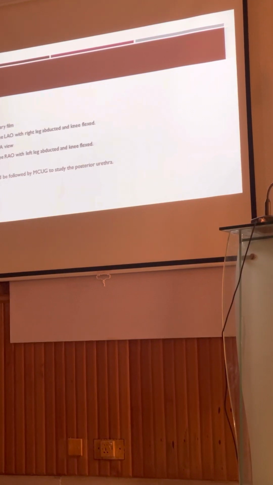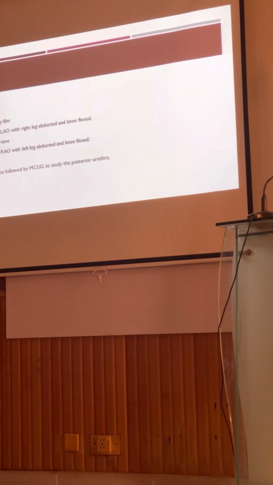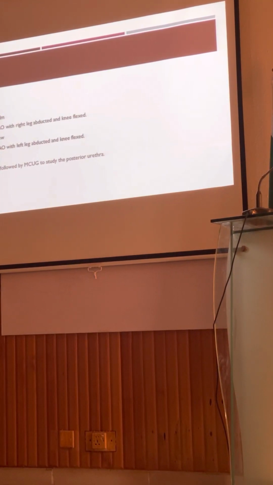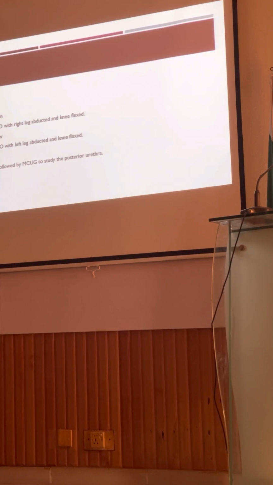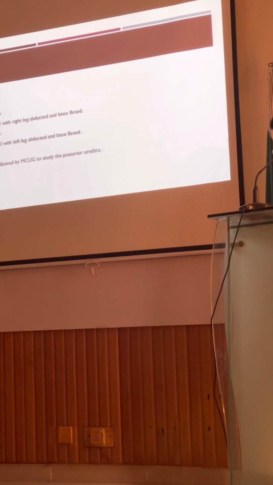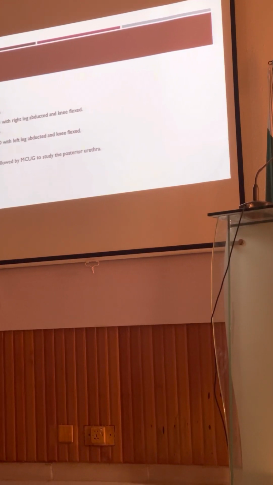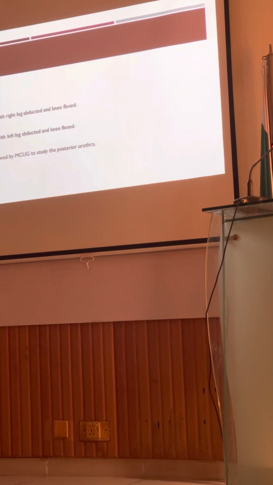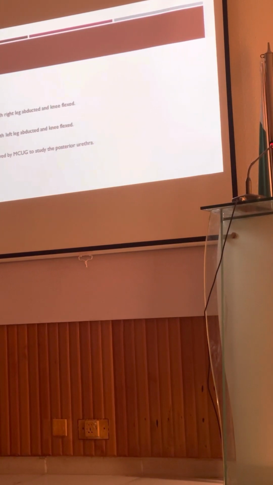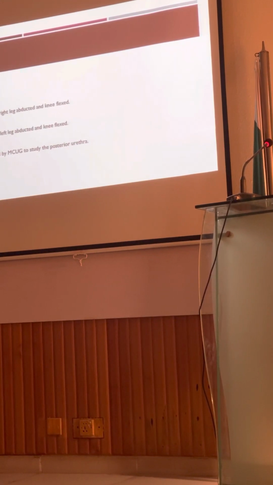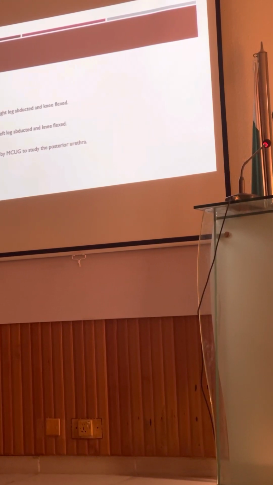We will take a preliminary film just before the introduction of dye, and then a 30-degree right anterior oblique film with the left leg abducted and knee flexed. Another film will be taken supine, and then a 30-degree oblique with the other leg abducted and knee flexed. Whenever we perform a RUG, it is actually followed by an MCUG to assess the posterior urethra, but not in case of trauma.